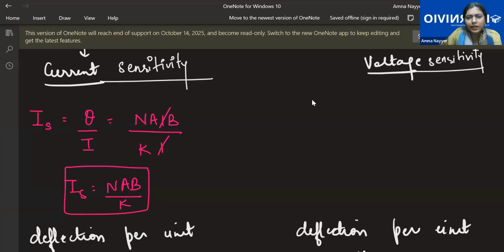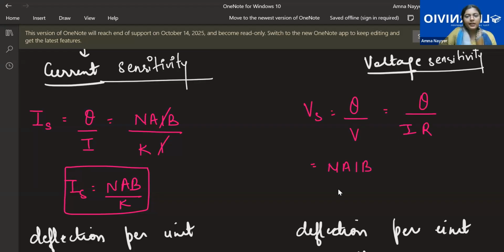Similarly, voltage sensitivity is also a mathematical term only. Voltage sensitivity means the deflection divided by the voltage. Now, voltage we know is current into resistance using Ohm's law. So if you put theta as NAIB divided by K, and V is I into R, I will again be cancelled.